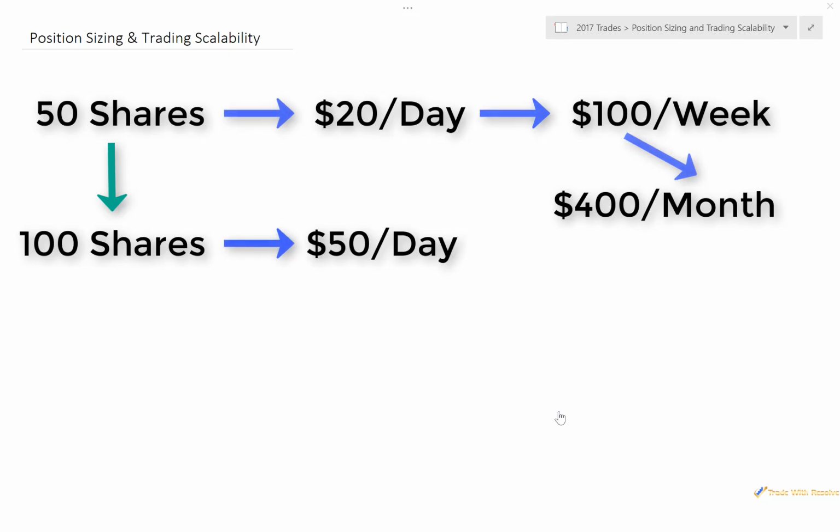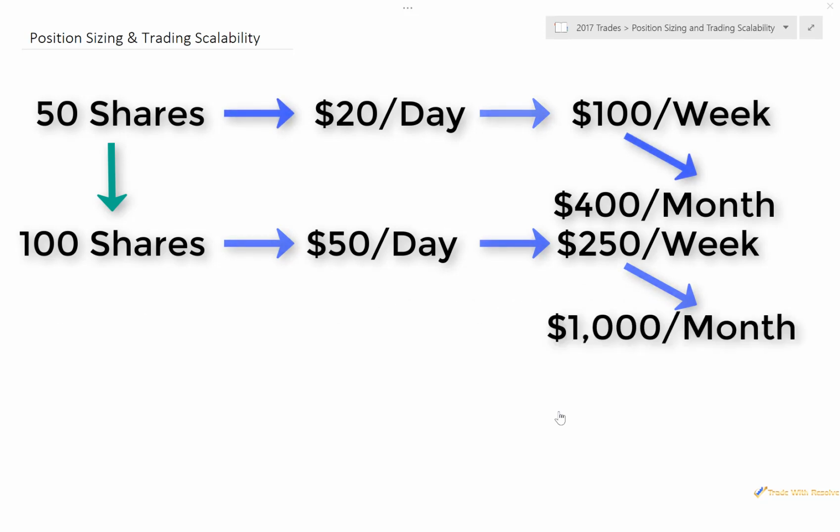So now you are looking at $250 a week. And after 1 month of making $50 a day trading, you are now at $1,000 per month. $1,000 a month. So the question becomes, what can you do with an additional $1,000 a month?